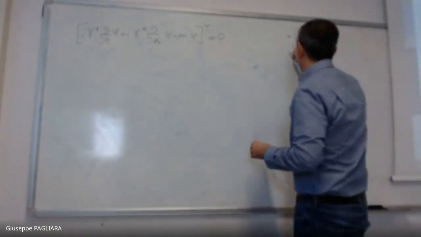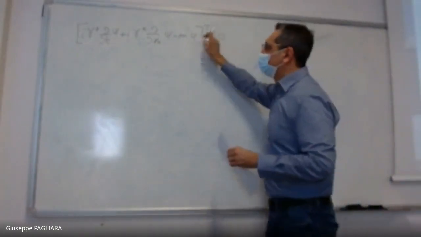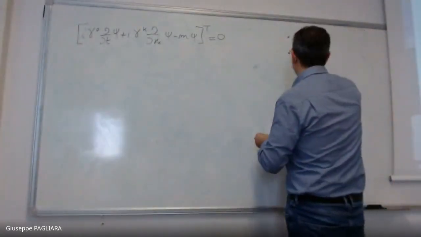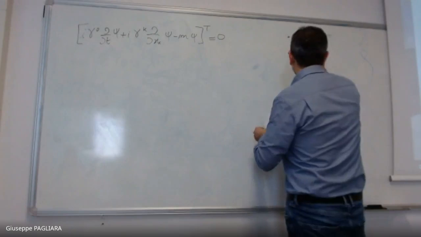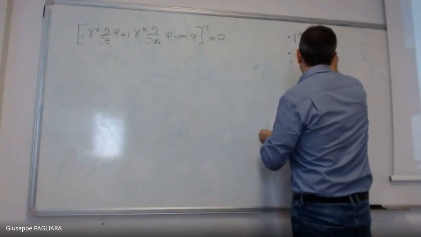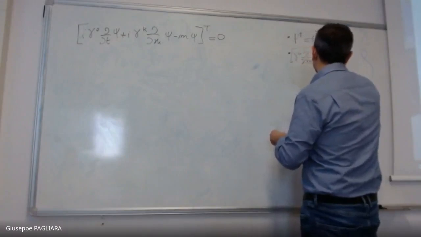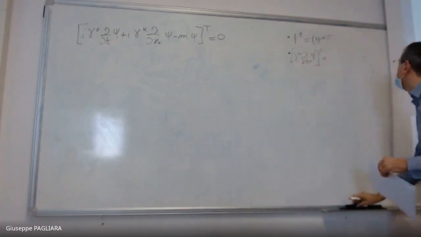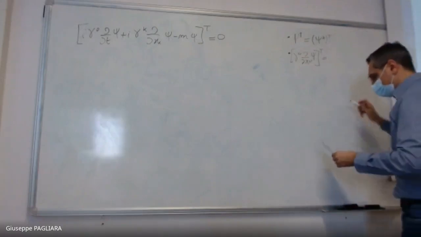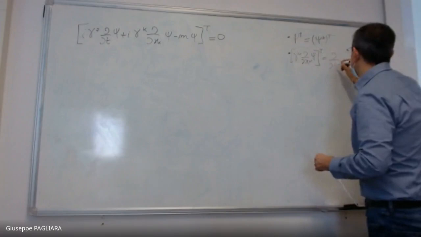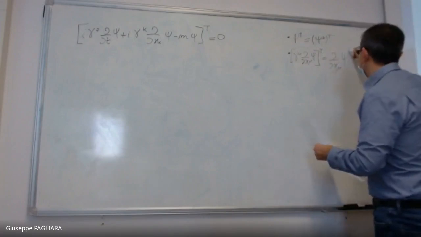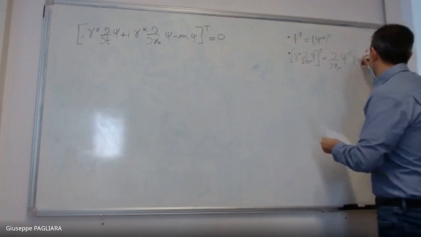The second that we need is what happens when we take the transpose of the derivative terms: the transpose of gamma mu ∂ mu psi is equal to ∂ mu psi and then gamma mu.